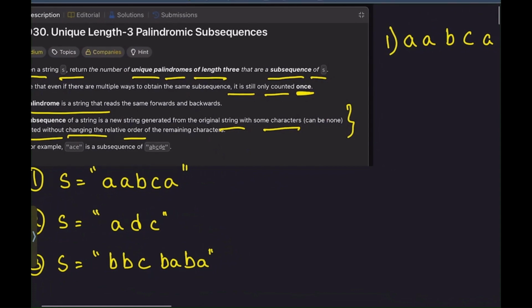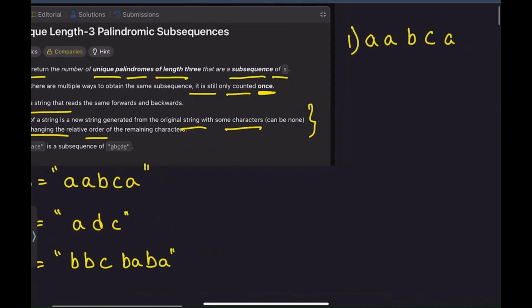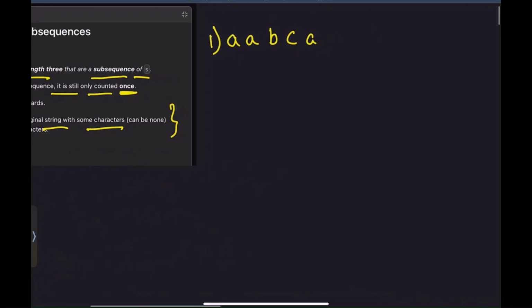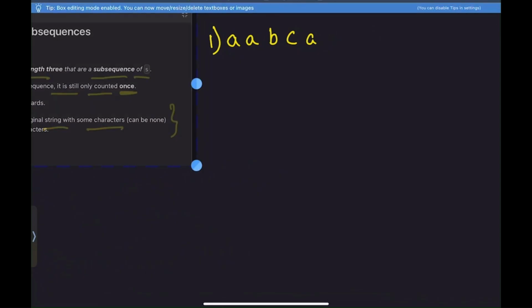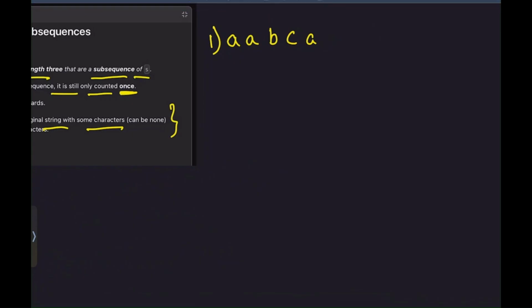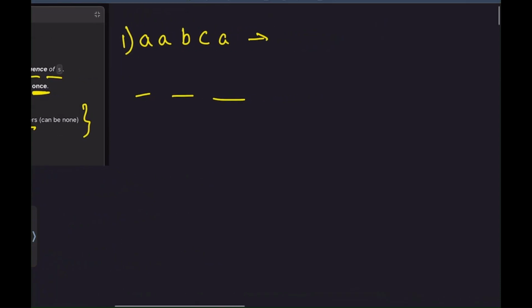Okay, now let's see the first example. Now we are given a string a, b, c and a, right? The question clearly states that we need to count the palindromes with only size 3. So let's try to frame the palindromes that satisfy this condition for the given string, right?